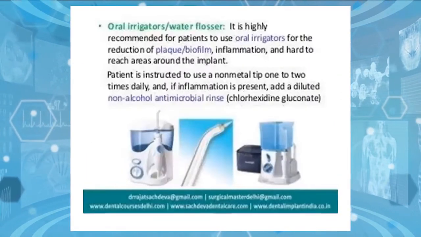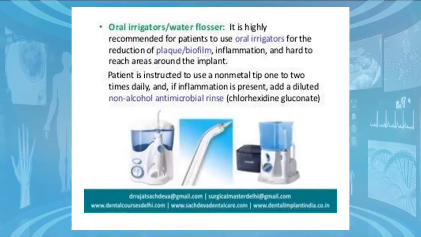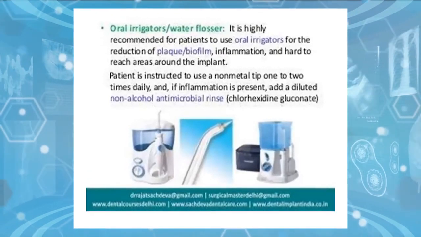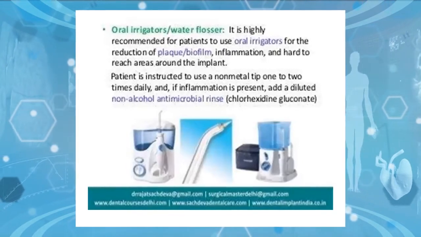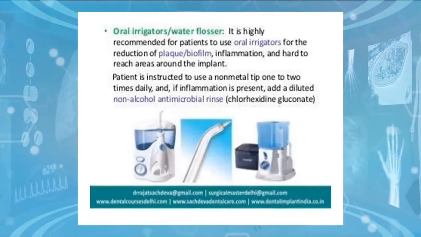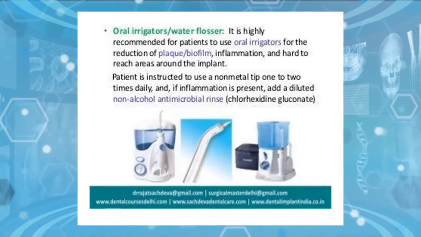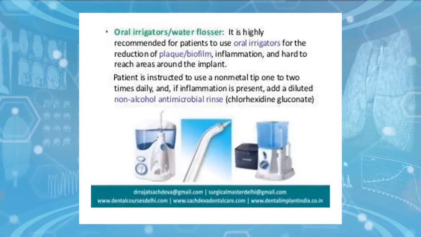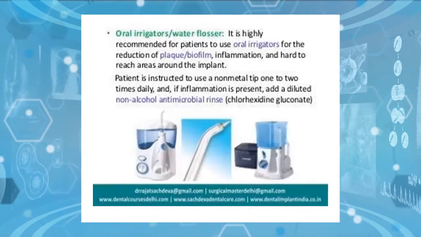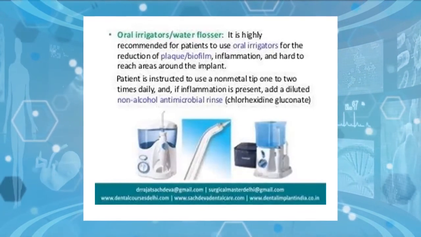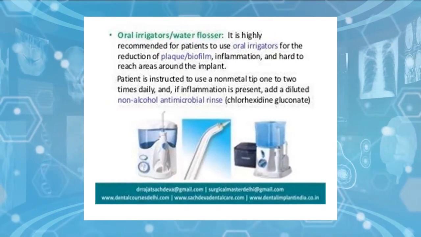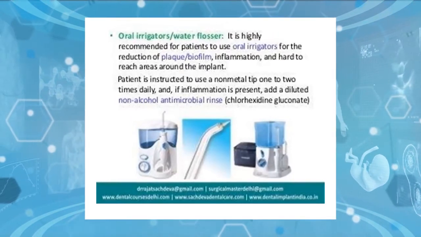You can see the water flosser. This water flosser device is highly recommended when bacteria or microbes affect the implant. The water flosser takes away all debris and bacterial components, and then aeration and oxygen may circulate within the tissues surrounding the implant.